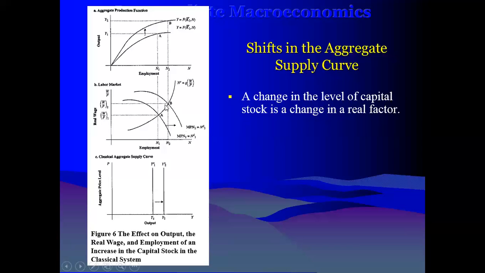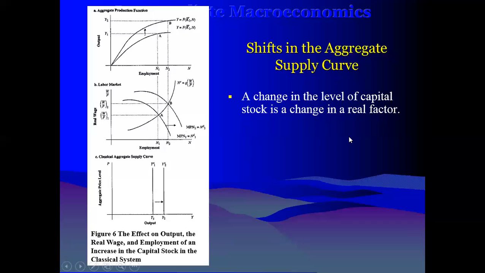So this is our new equilibrium, which means that we get a new level of N, and as a result, the equilibrium output will increase, which means that we are getting a shift in what? In the aggregate supply curve. So you will see that a change in the capital stock is a change in a real factor.